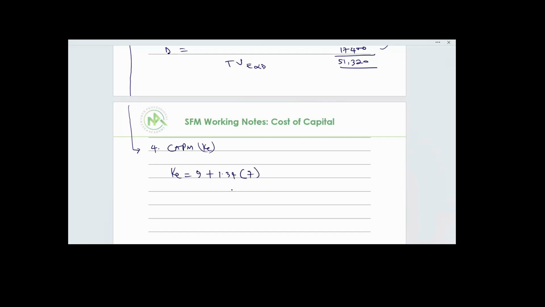That's the difference between 16% minus 9%. So bring out your calculator. 1.34 multiplied by 7 equal plus 9 equal 18.38. So our cost of equity equal to 18.38%. Finally, step 5, we need to calculate the WACC.